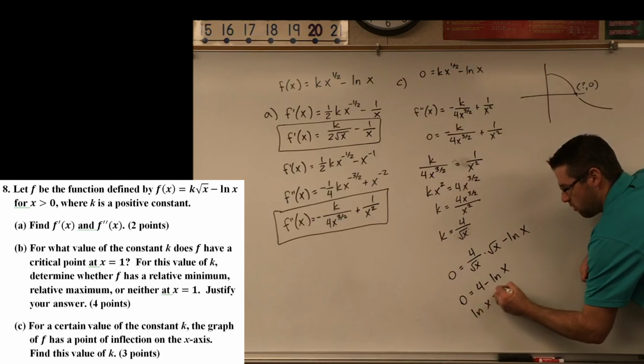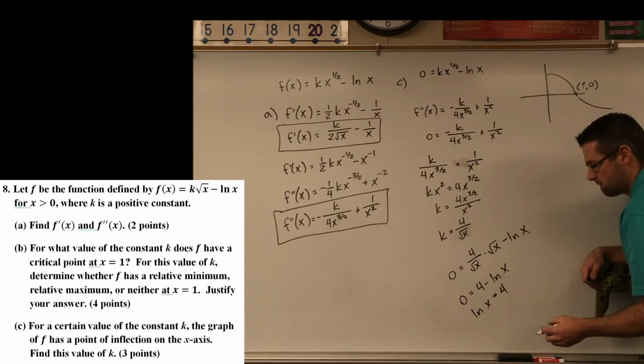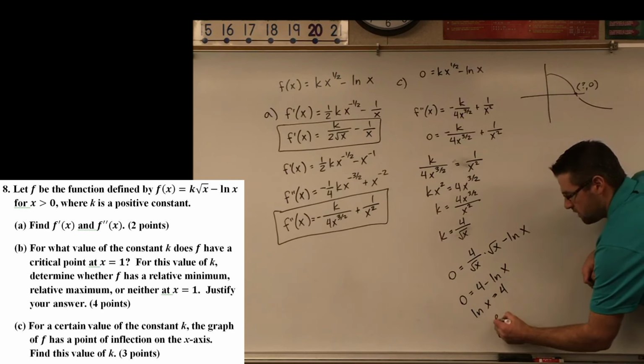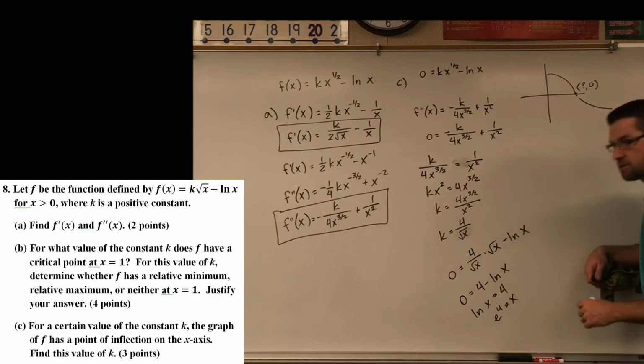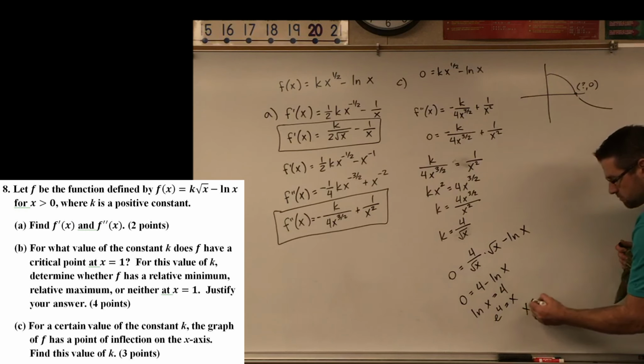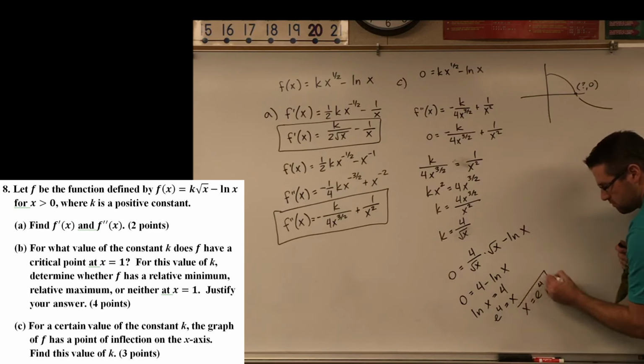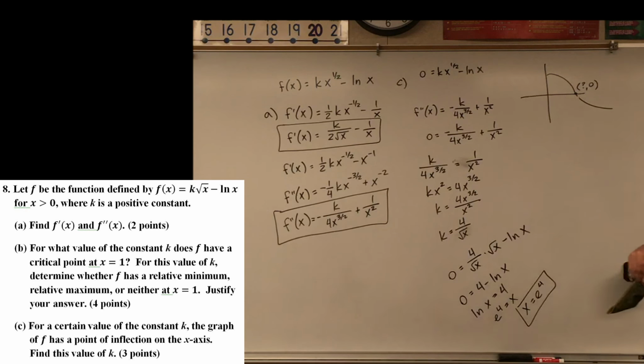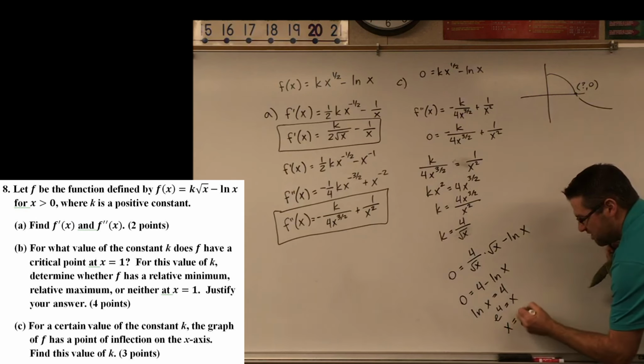Natural log of x equals 4, so how do I solve for x? e to the 4th equals x. No, it says find the k value. So x equals e to the 4th.